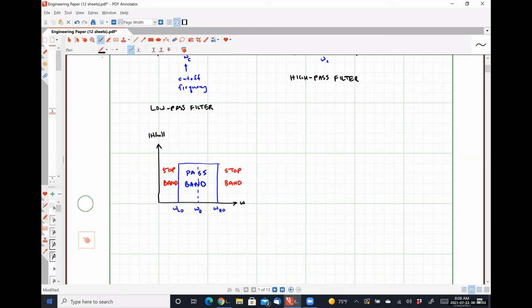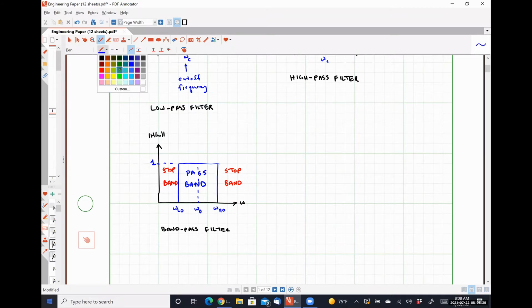So this guy is what's called a band pass filter, because it passes all frequencies in the frequency band of omega low to omega high. That's maximum amplitude 1 for a passive filter.